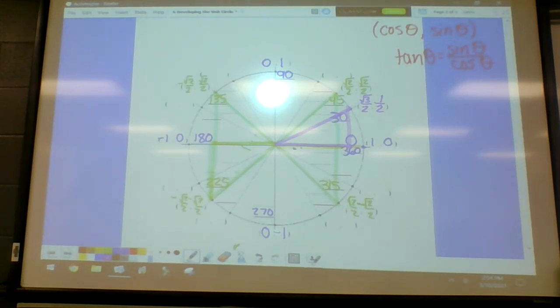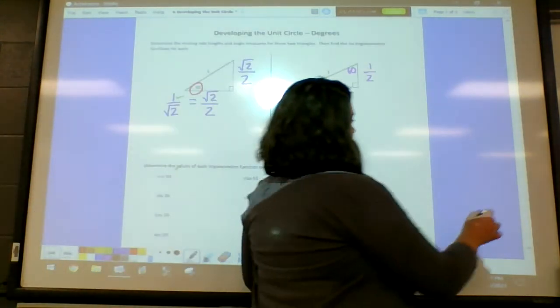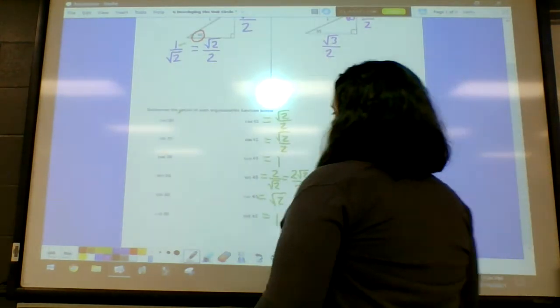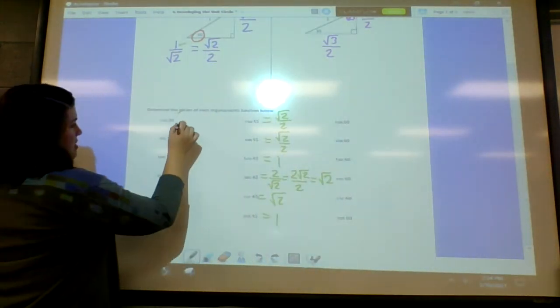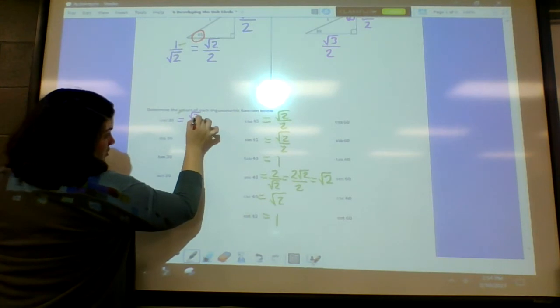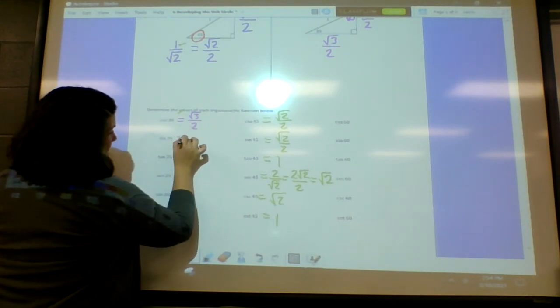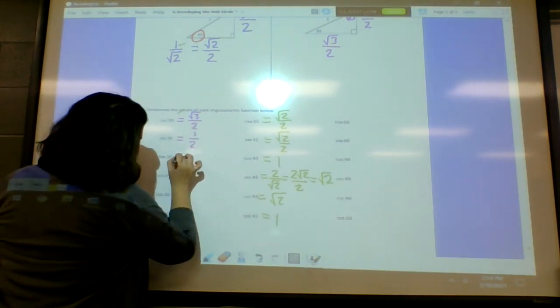The tangent of 30, you'd have to do 1/2 divided by the square root of 3 over 2, right? So we're going to do that. So let's go back, and we'll figure out all the possible values for these 30-degree triangles. So we said cosine, that was the square root of 3 over 2, right? The sine, that's the 1/2.